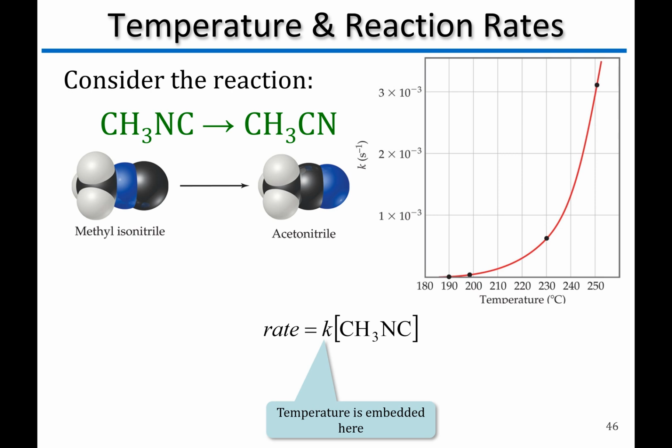What we see is that as we increase temperature, we increase our k value pretty much exponentially. What is that telling us? It's telling us that within our k value, we've already accounted for temperature. Remember, our rate for this reaction would just be rate equals k times the concentration of our reactants. So our k value is already building in that temperature term.